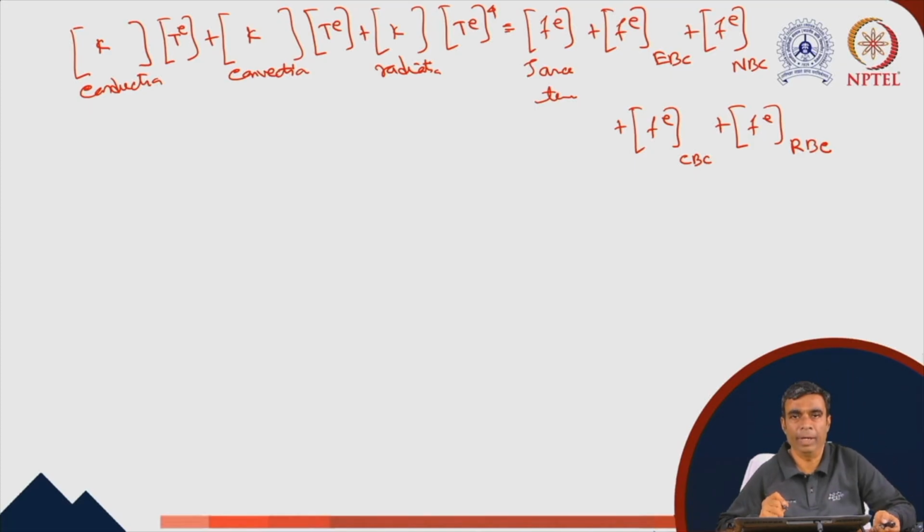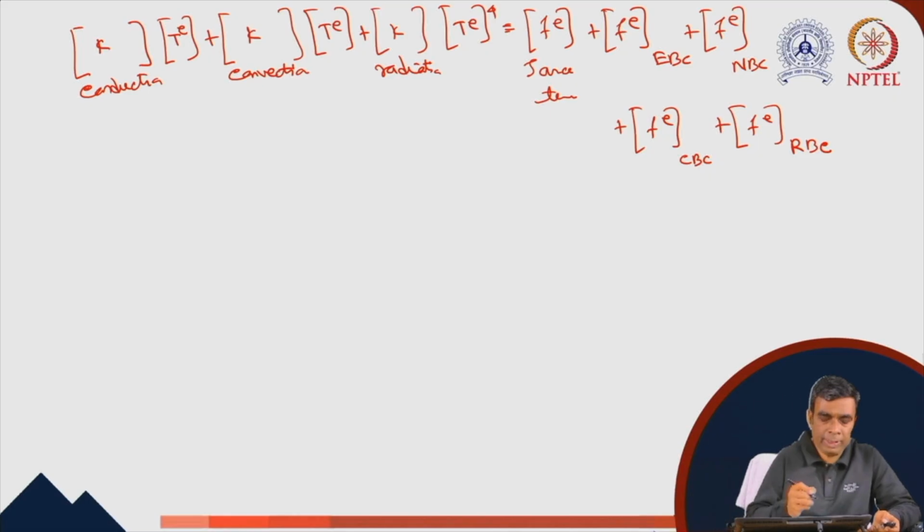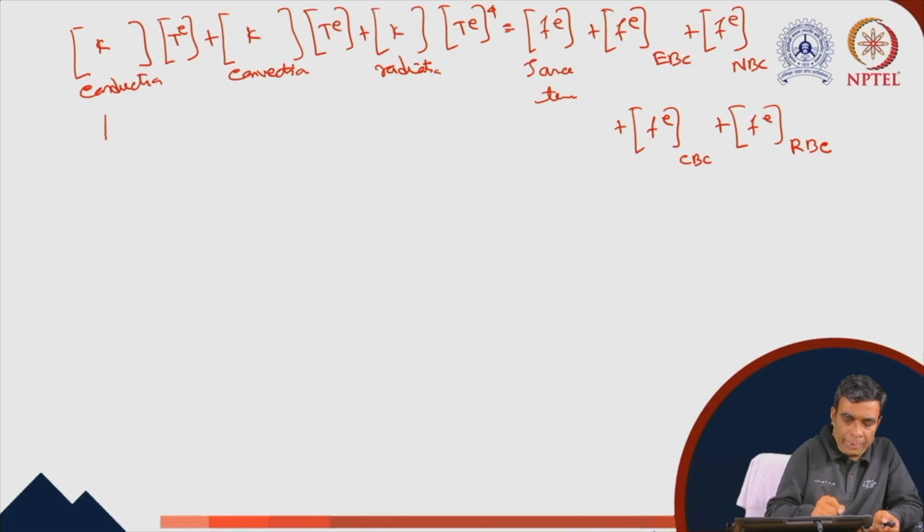Now, in a given problem, all the boundary conditions will not act together in a given element. So, most of the boundary condition components, they will be absent. Considering the left hand side, the conduction contribution will always be present. So, the conduction matrix will always be present.